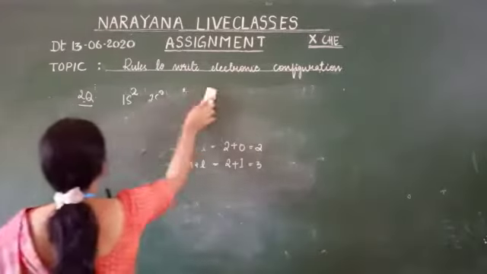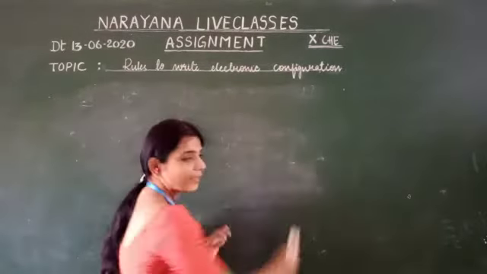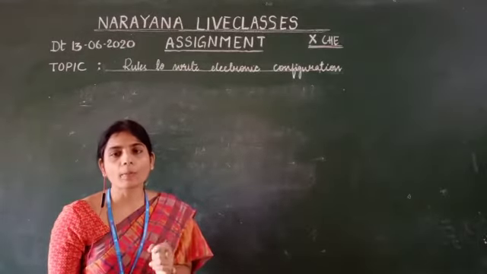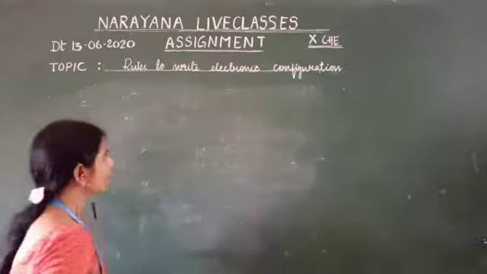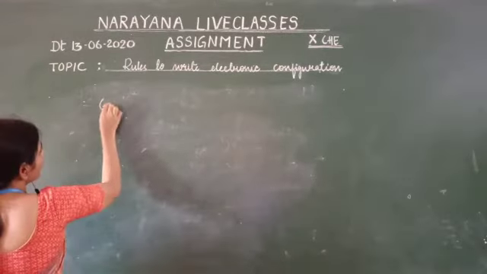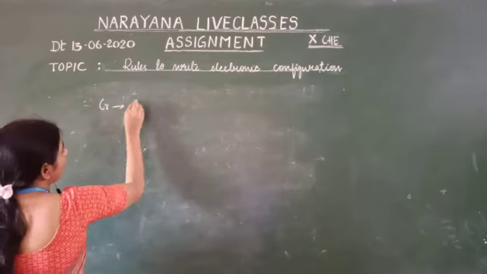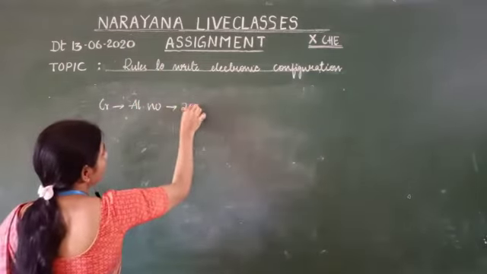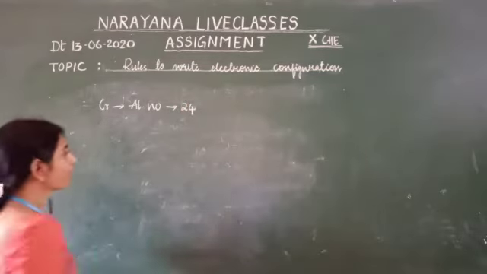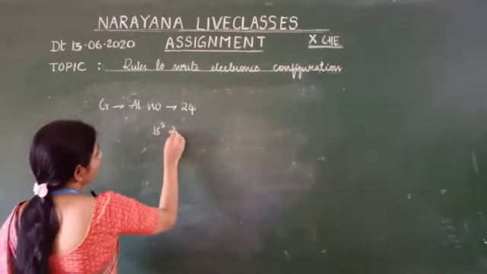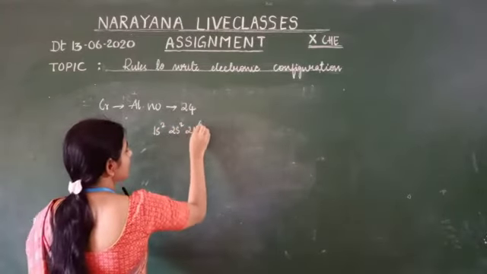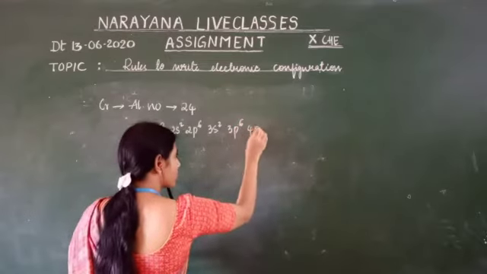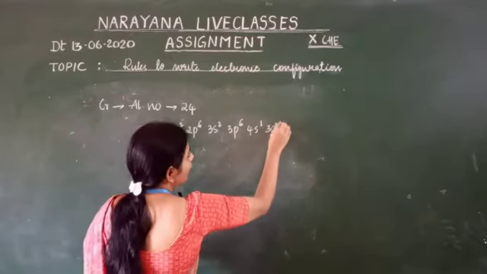Coming to the third question. In the third question, he has asked to write the electronic configurations of chromium and copper. Writing the electronic configuration of chromium, first concentrate on the atomic number. The atomic number of chromium is 24. So start writing 1s2, 2s2, 2p6, 3s2, 3p6, 4s1, 3d5.